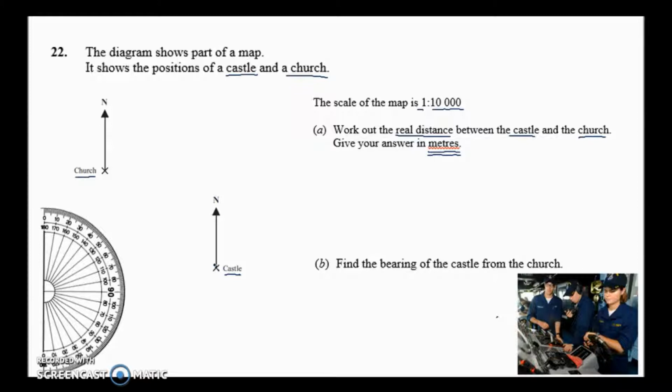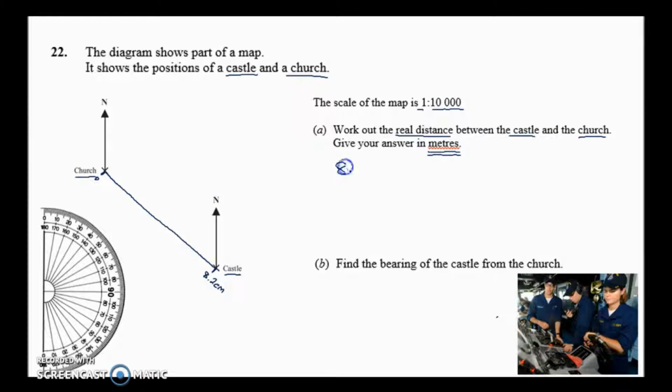With a ruler, connect the church and the castle with your best straight line. Mine was not very good. Then measure from 0, what is the distance down to here. When I measured it on paper, it was 8.2 centimeters.